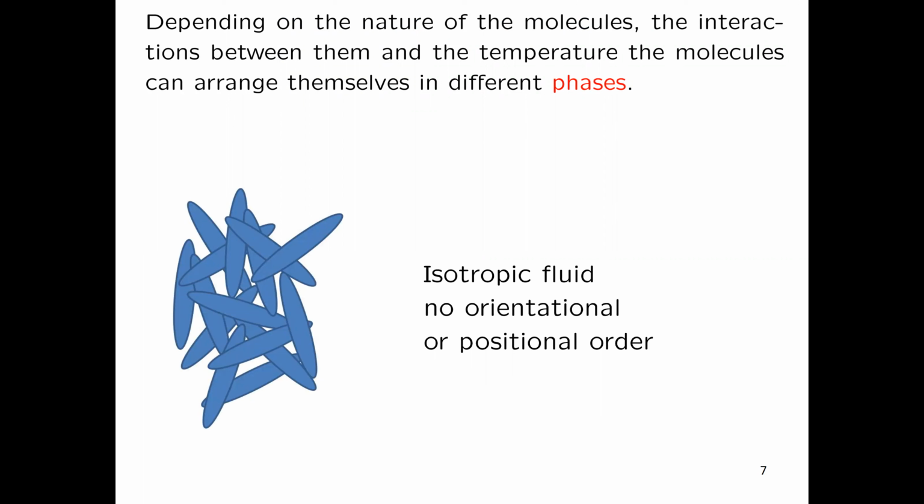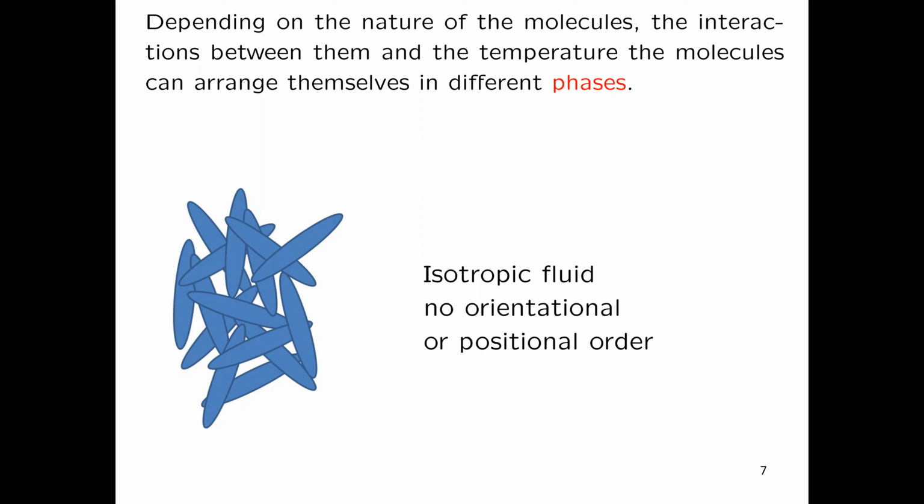So at a very high temperature, the thermal motion will agitate the molecules, so there'll be essentially no order of any type. And then the liquid crystal will probably be in an isotropic phase, so there's no orientational and no positional order.